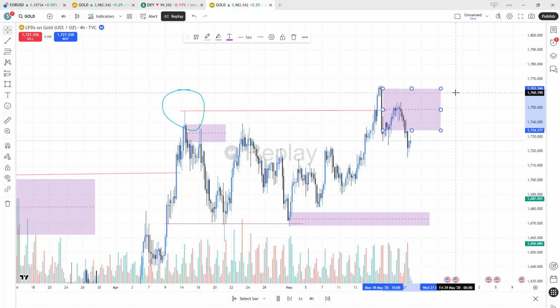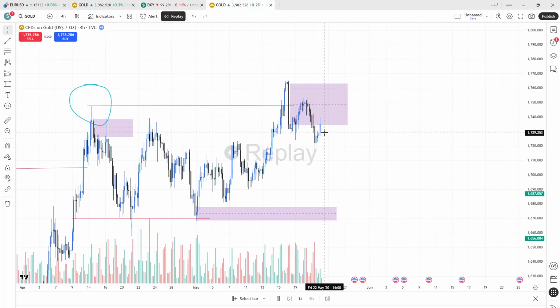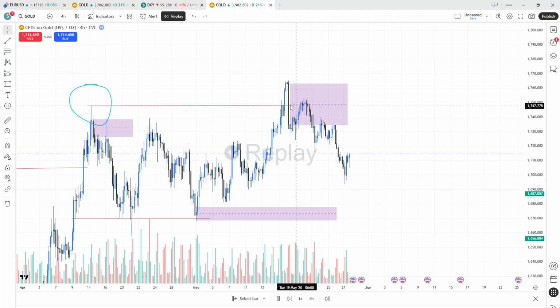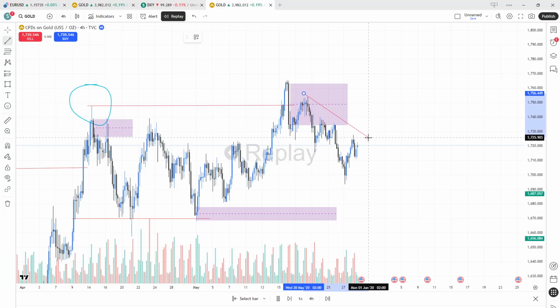Yeah, so that give us the engulfing, price comeback, retested. Okay. So you see the sweep model right here? Still sweep model. And then we have bearish order flow.